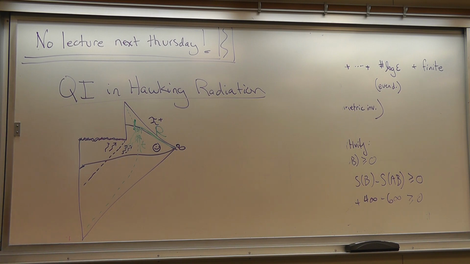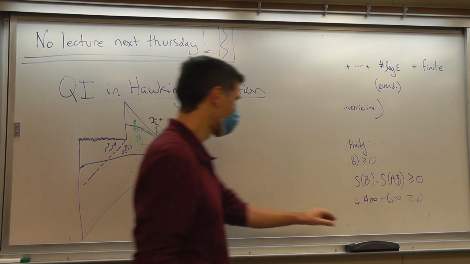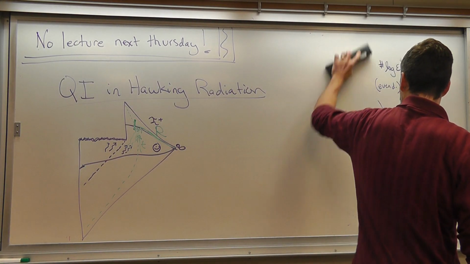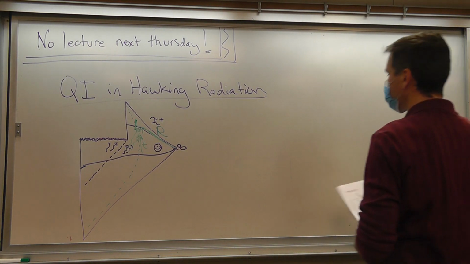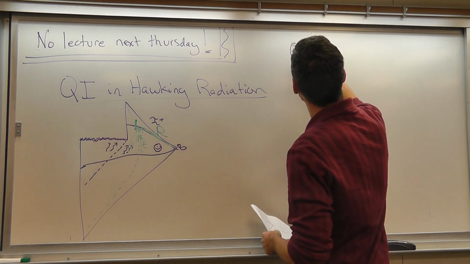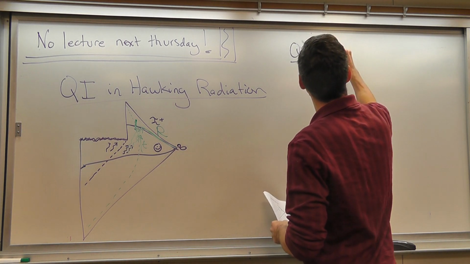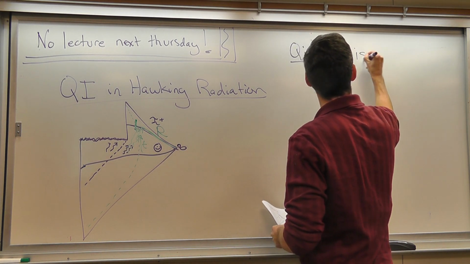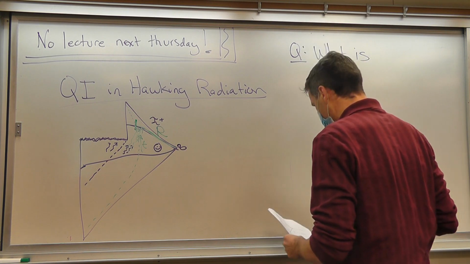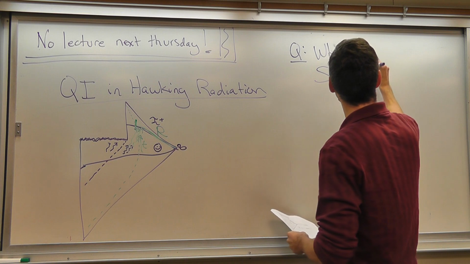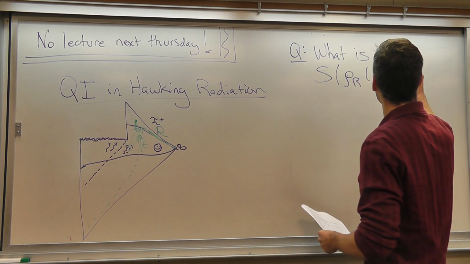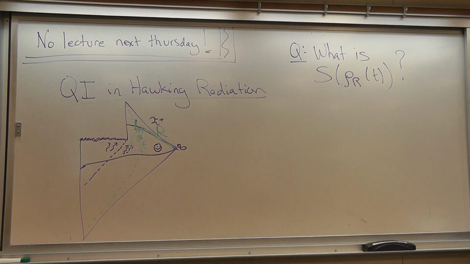So the question that we want to ask, and the way we want to phrase the paradox, is by asking: what is the fine-grained von Neumann entropy of region R as a function of T?